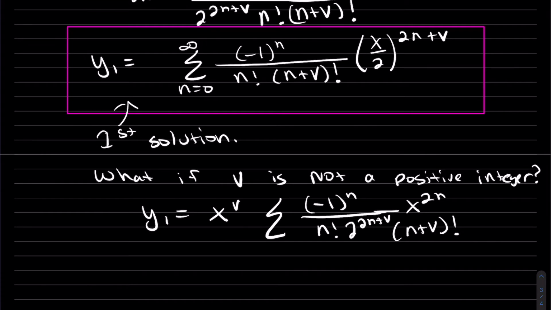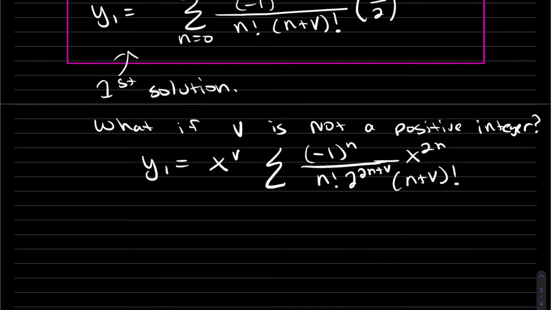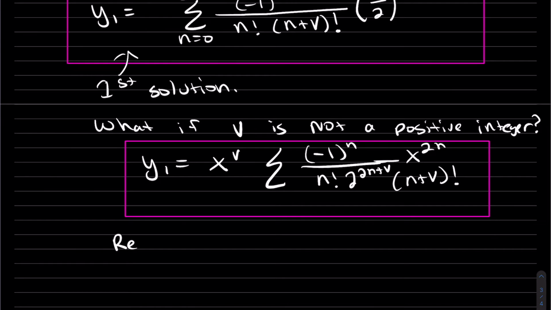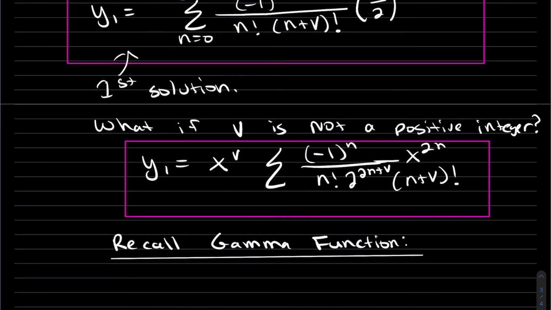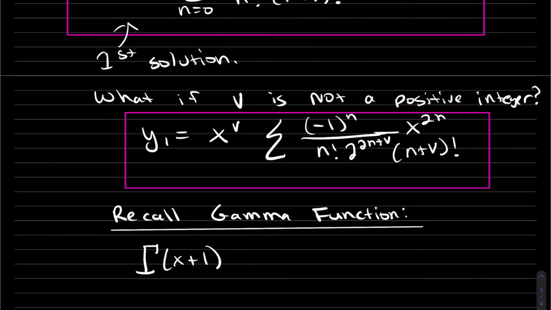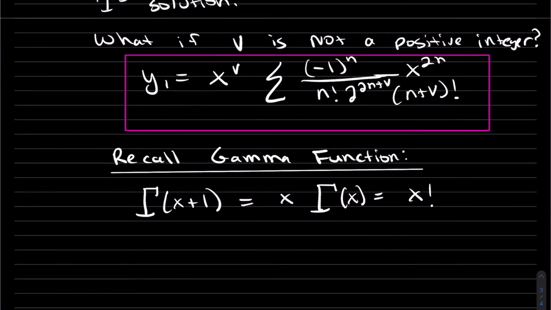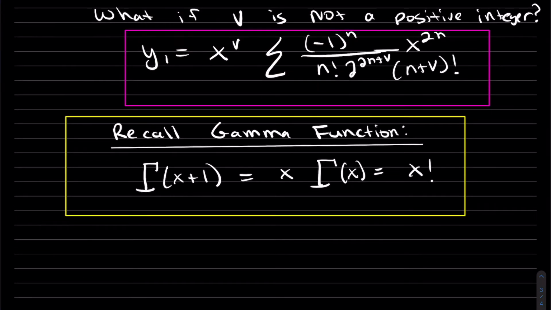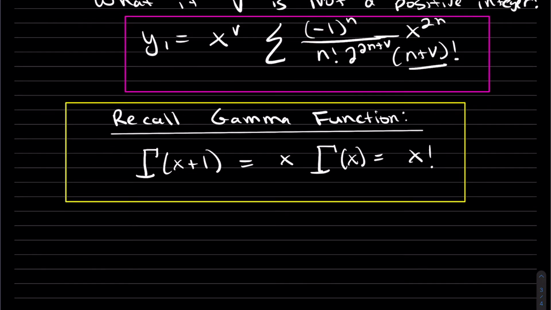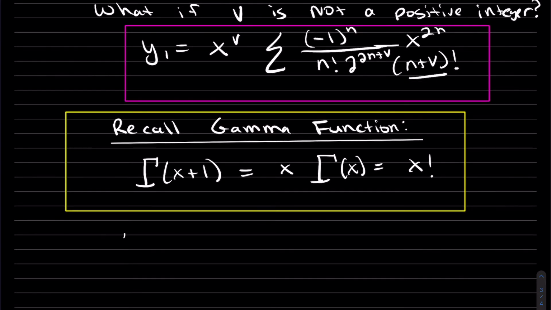So now, I want to remind you of the gamma function: if you have x plus 1, it's x gamma x, which is x factorial. We're going to incorporate this into our formula. So we want to convert to the gamma function.